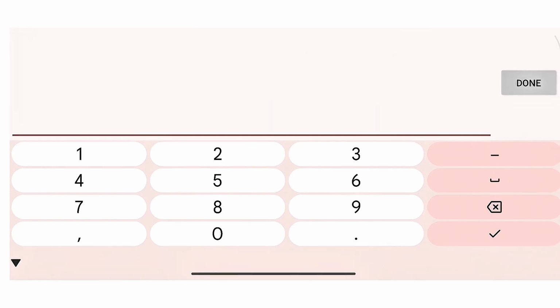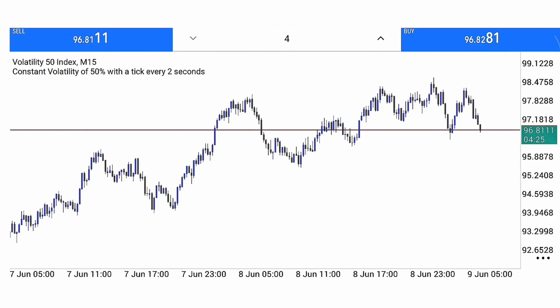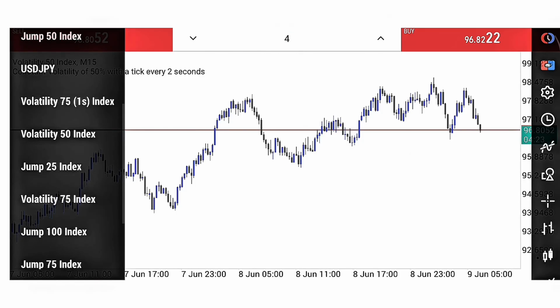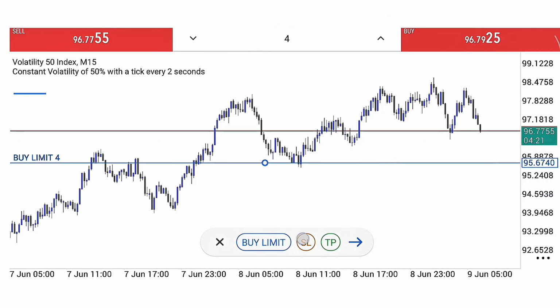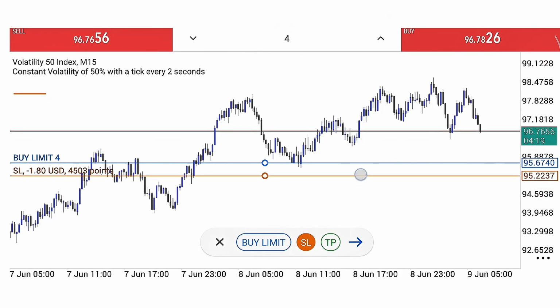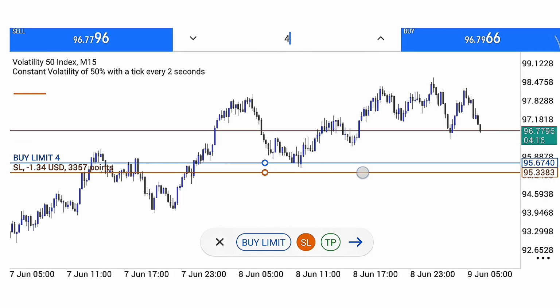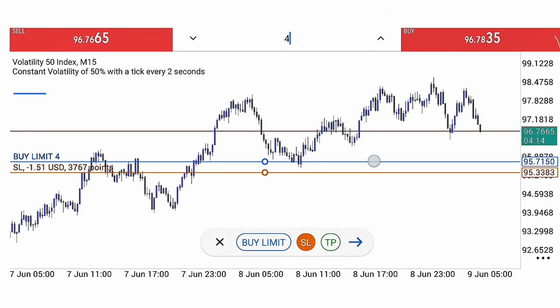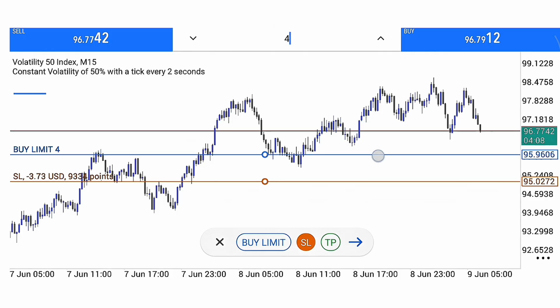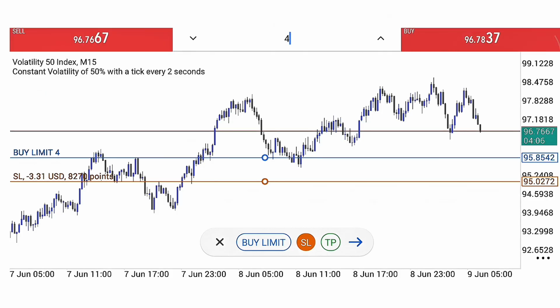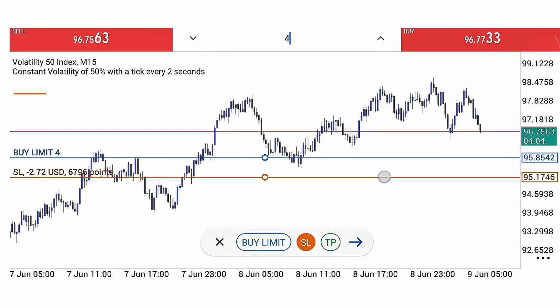If you go to the smallest lot size, which is 4, you will see that it is very low. You can trade it with a very low capital. The buy limit is very low, so you can trade it with a very low capital.